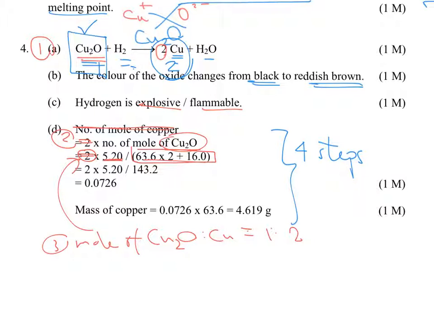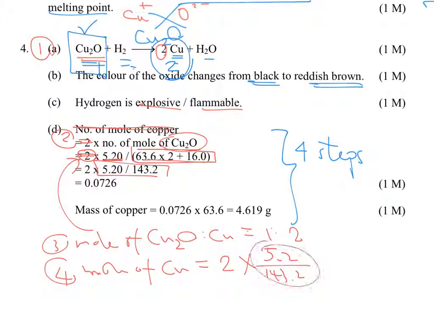So in the last step, the mole of copper formed will be 2 times the mole of copper 1 oxide. Then we can find the mole equals 0.0726. And then we can find the mass by multiplying by the atomic mass of copper.